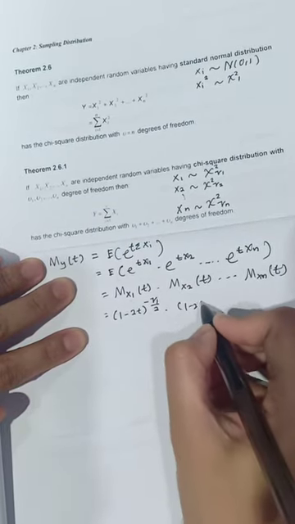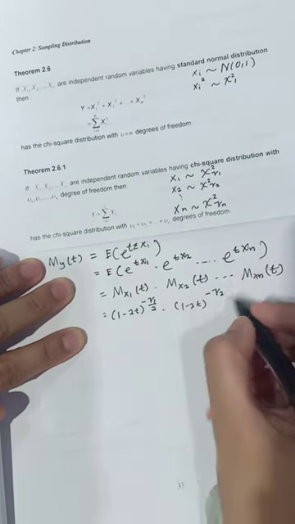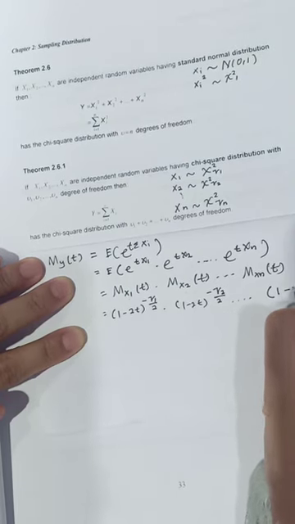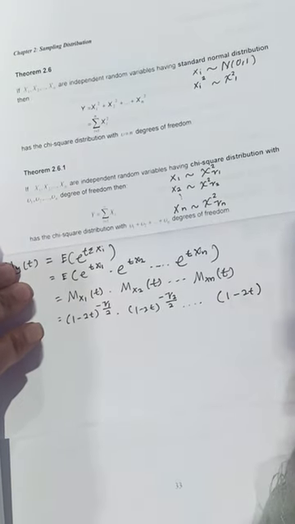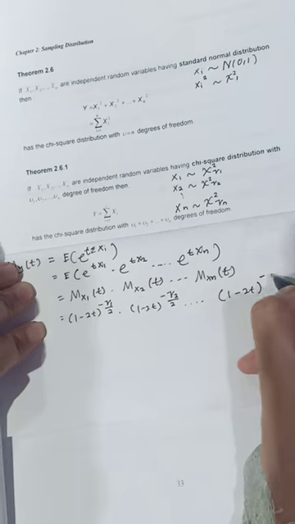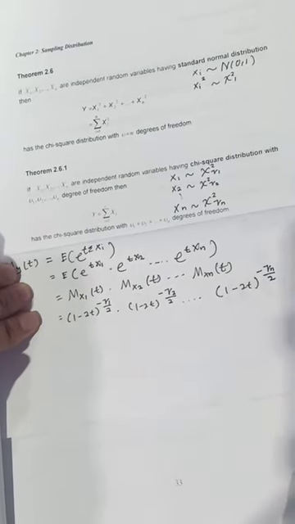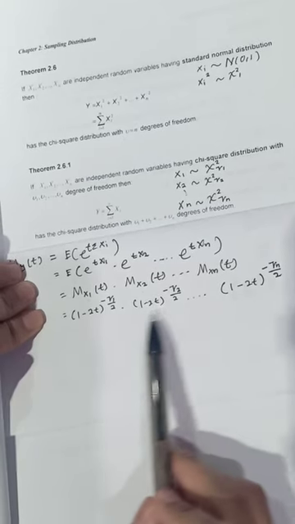Here, (1 minus 2t) to the power of negative nu2, the degree of freedom of the chi-square, divided by 2, multiplied until the MGF for Xn, which will be (1 minus 2t) to the power of negative nu n divided by 2. Okay, look at this. You will multiply this.